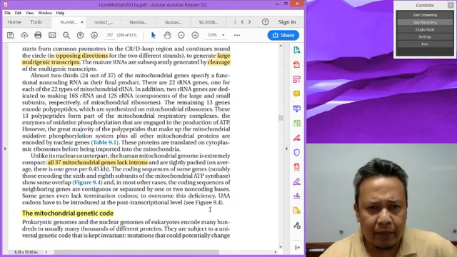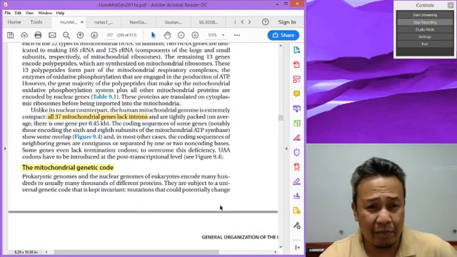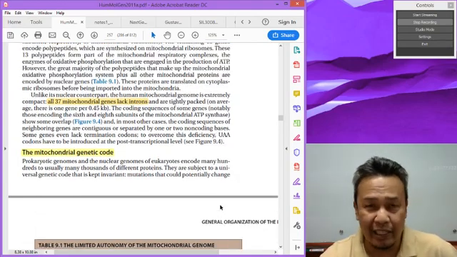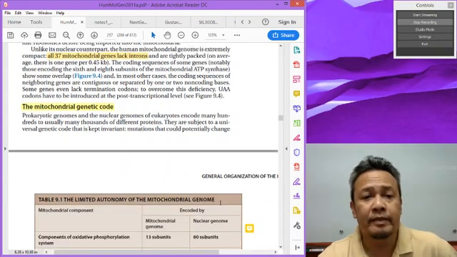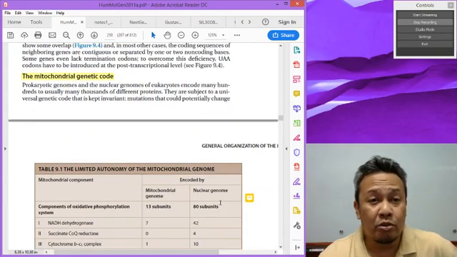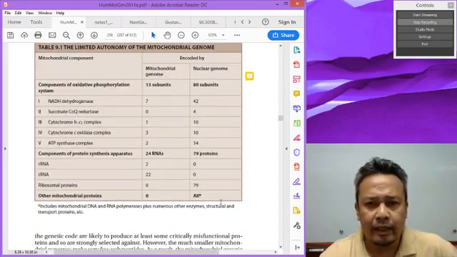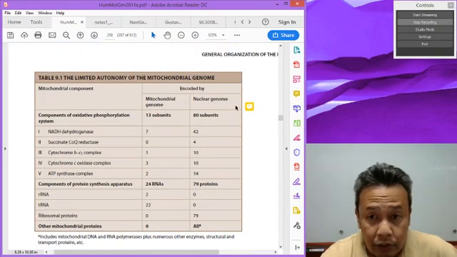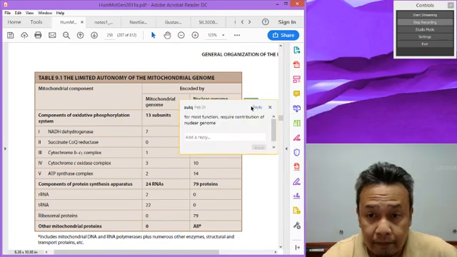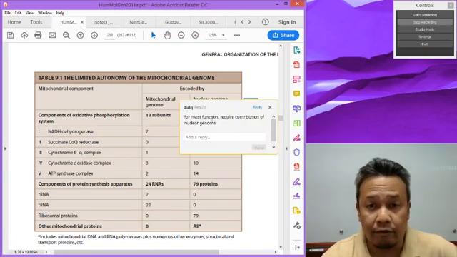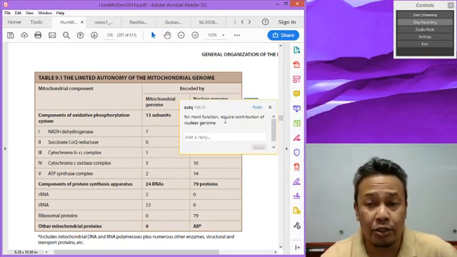A little bit about the structure of the genes. All 37 mitochondrial DNA genes lack introns. And then it goes into the subsection on the mitochondrial genetic code. Now, this table shows that most functions require a contribution of the nuclear genome.